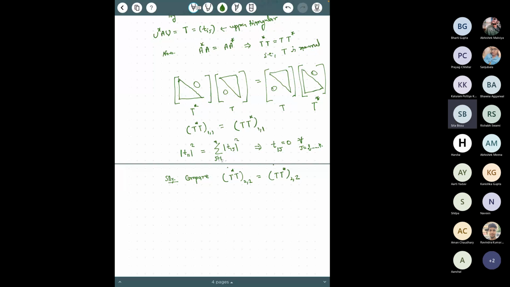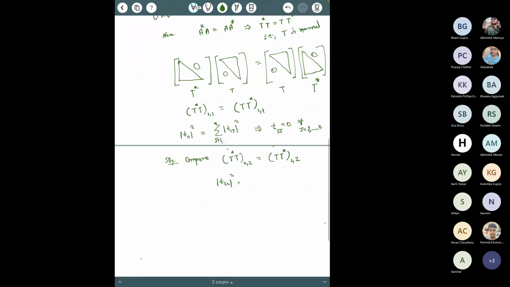It is mod T22 square, and similarly in the right hand side we have the sum over j equal to 2 to n of mod T2j square. So similarly, this also implies that T2j equals 0 for all j equal to 3 to n.